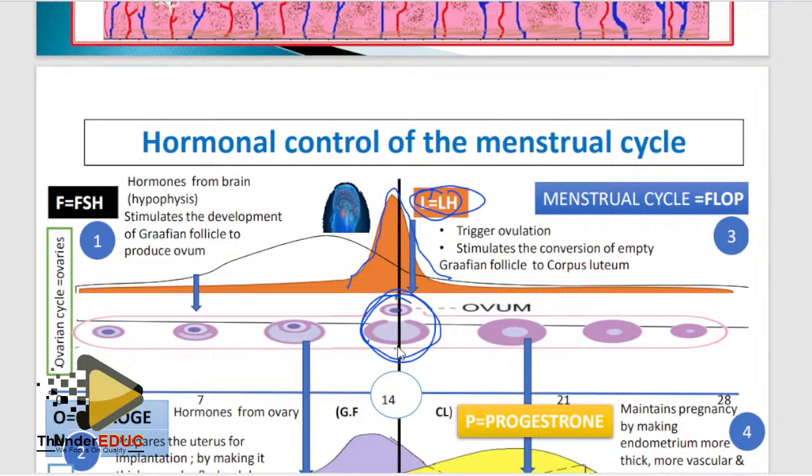So this one will fail to happen. Therefore this level is luteinizing hormone, and then this fails to rupture to do ovulation. So the answer is luteinizing hormone, not estrogen. I hope you have got the answer there.